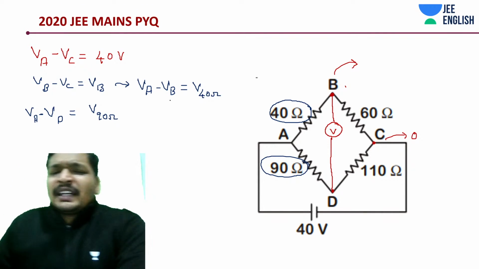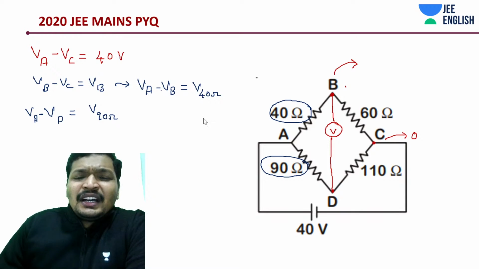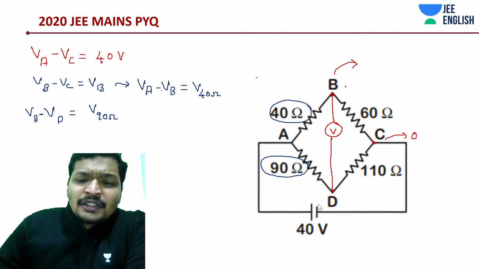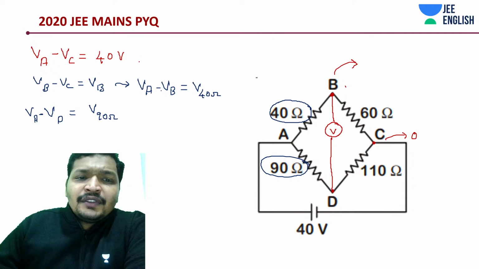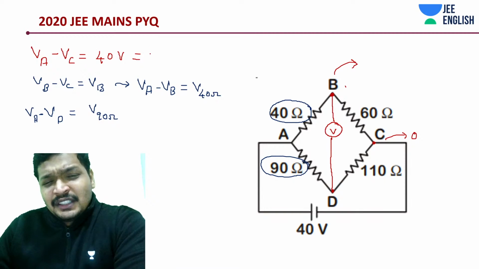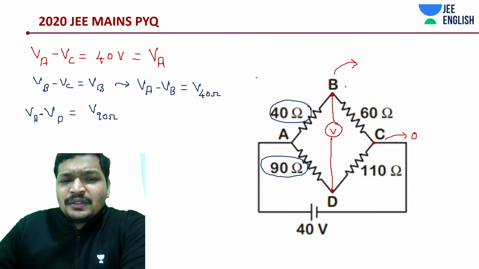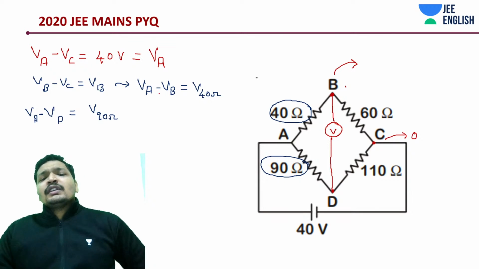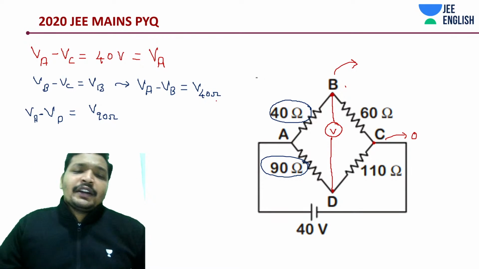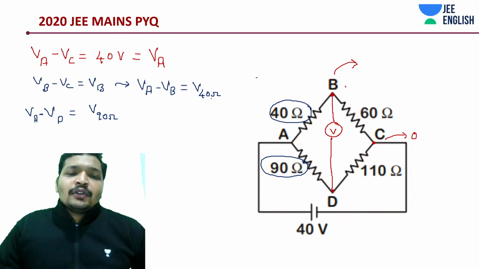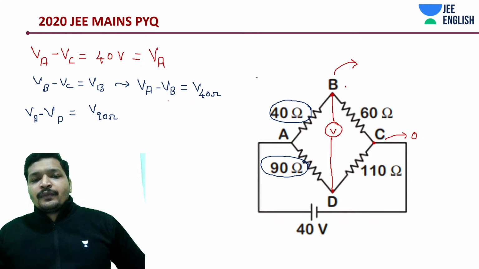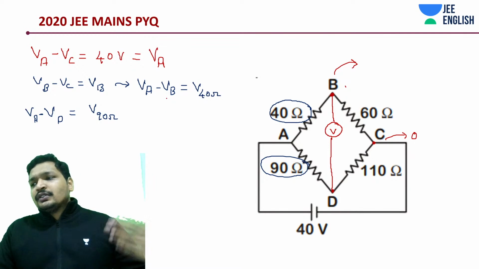We need to find out the potential drop across 40 ohms. And one more thing, what is the value of VA in this case? If you take VC to be 0, VA minus VC is VA, which is 40 volts. So if you know the value of VA minus VB, you will be able to find out VB.